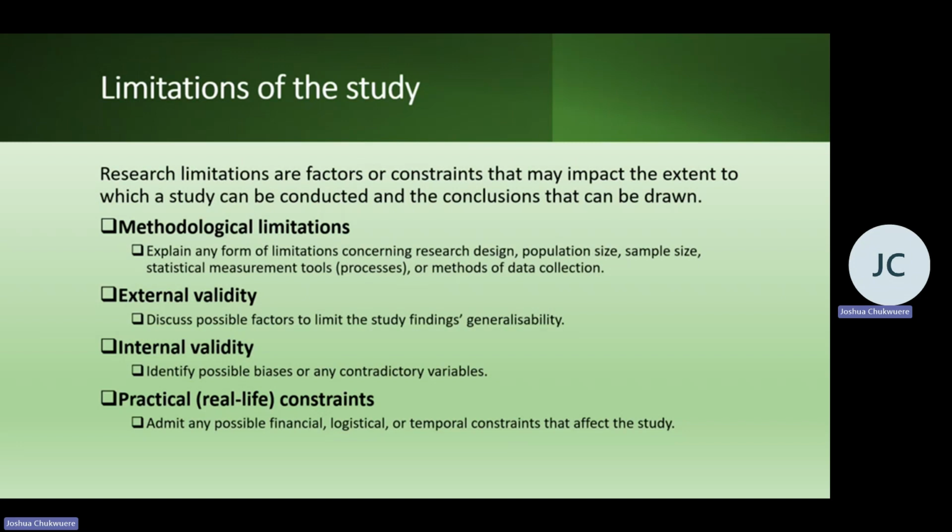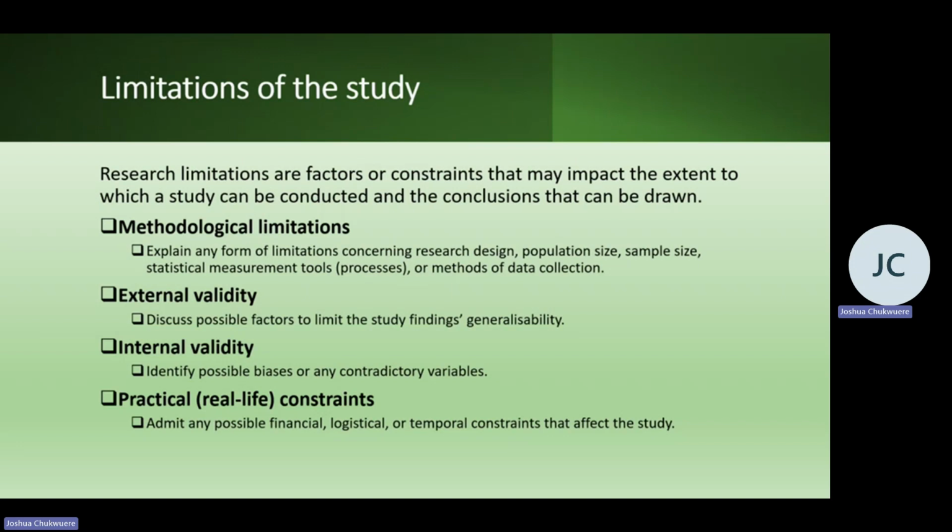And in terms of discussing possible factors that limit the study, there is findings generalizability. You're able to tell the reader, based on what you're going to find out or what you have found out, that your findings may not be able to apply to this section, this society of practice, of knowledge, and so on. This body of knowledge is not going to be applied in that area.